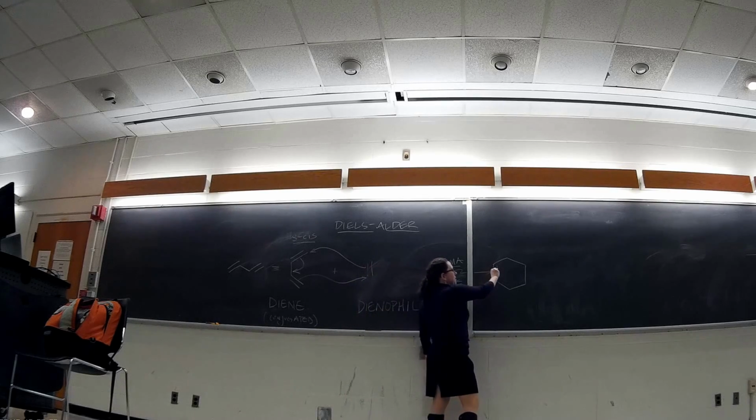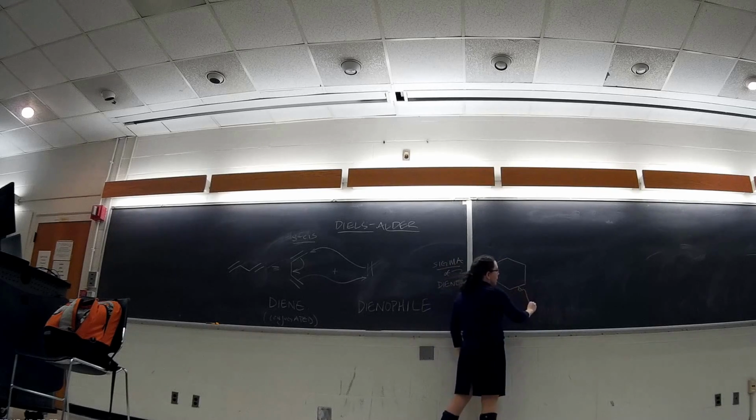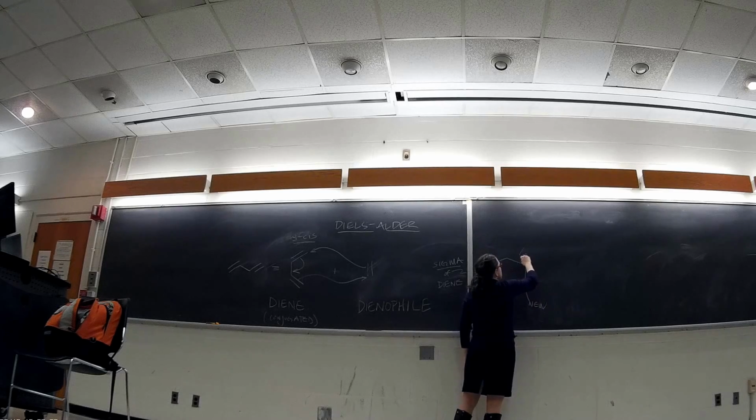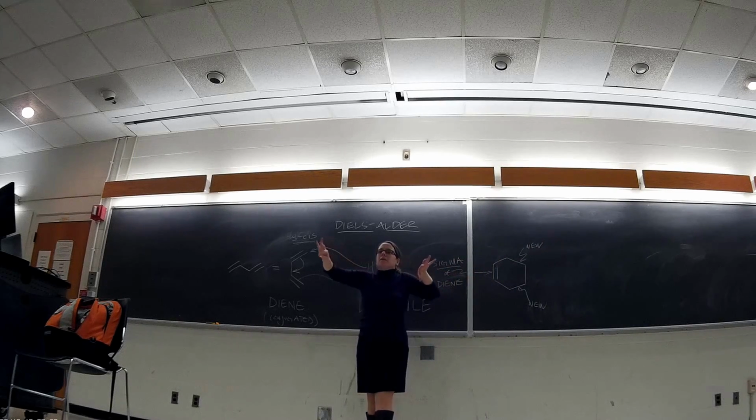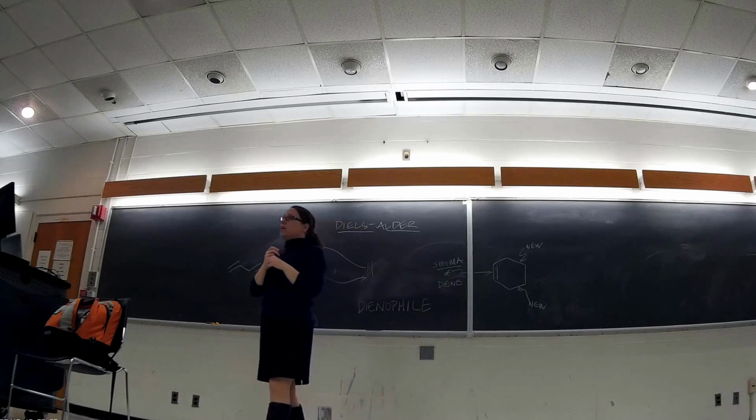If this was the sigma bond, then this had to be one of the alkene units and this had to be the other alkene unit, right? Which means this is a new bond here and this is a new bond here, and I can now split, right, my diene and dienophile from each other.